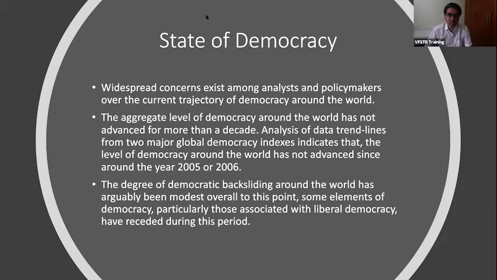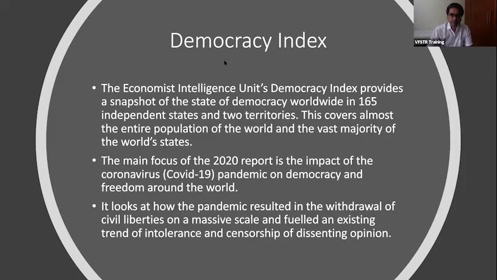The degree of democratic backsliding around the world has arguably been modest overall to this point. Some elements of democracy, particularly those associated with liberal democracy, have receded during this period. Not to mention the current pandemic situation, which has further exaggerated the sliding of democracy. The Economist Intelligence Unit releases a democracy index every year, and so far they have released 13 reports.